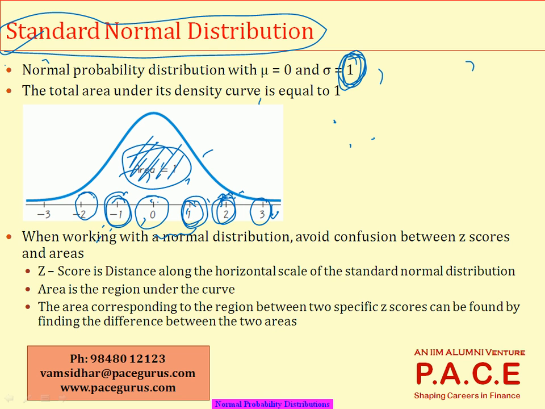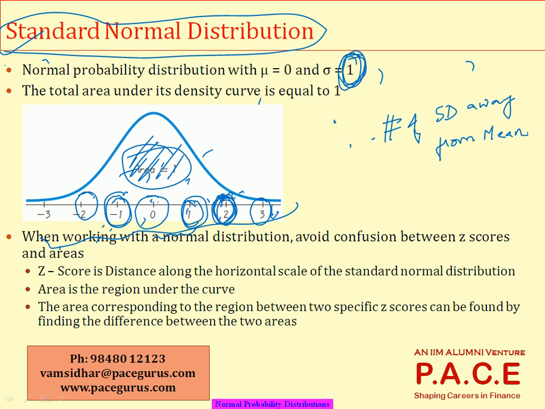The numbers on the x-axis denote the number of standard deviations away from the mean, and the area inside the curve is what is of significance to us.